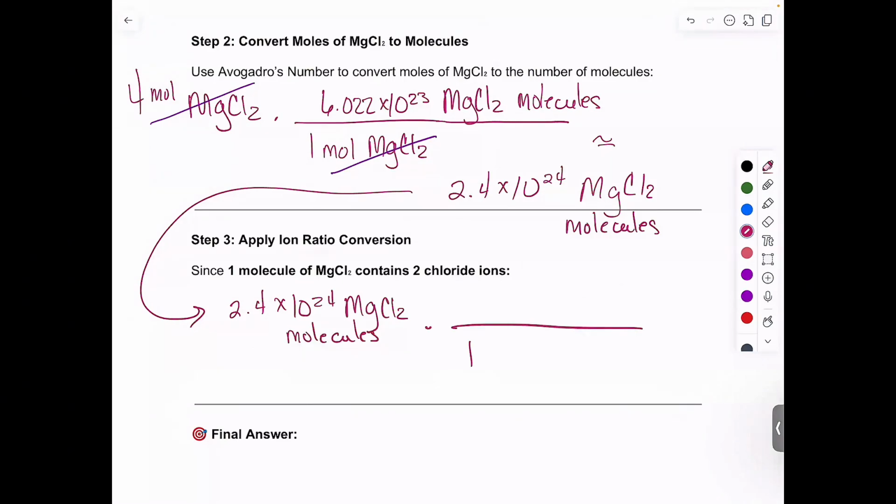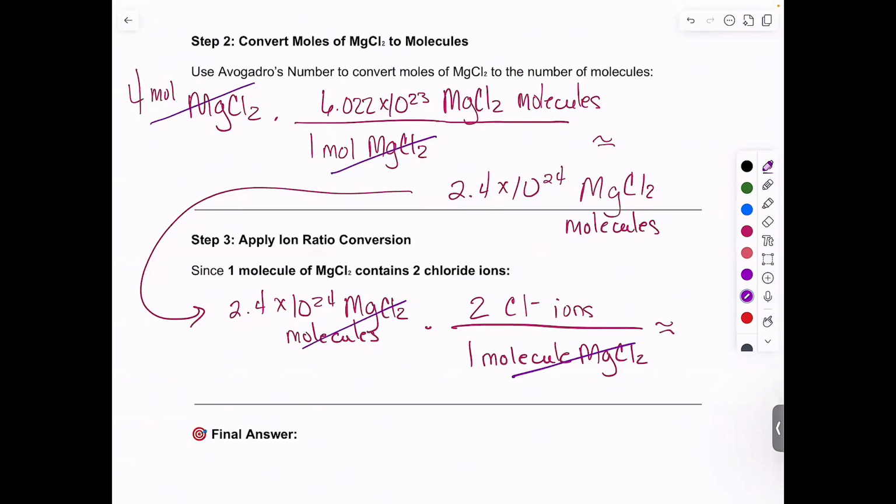And I know for every 1 molecule of MgCl2, I actually have 2 chloride ions, more specifically, anions. There we go. So our molecules have canceled, and we're just taking our previous answer times 2.